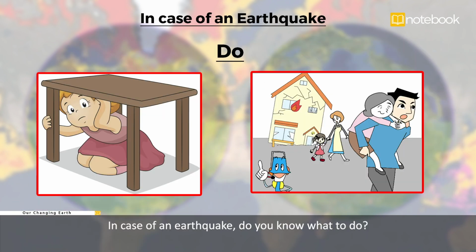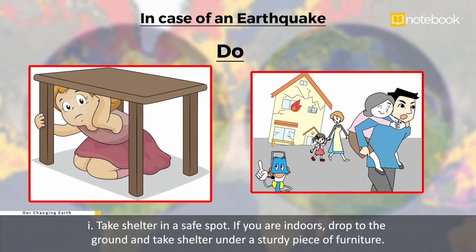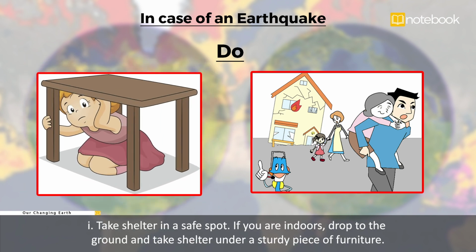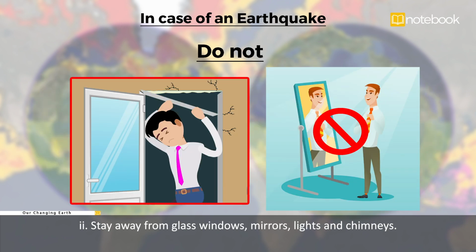In case of an earthquake, do you know what to do? The following are rules you must follow during an earthquake. 1. Take shelter in a safe spot. If you are indoors, drop to the ground and take shelter under a sturdy piece of furniture. If you are outdoors, move away from buildings and street lights. 2.